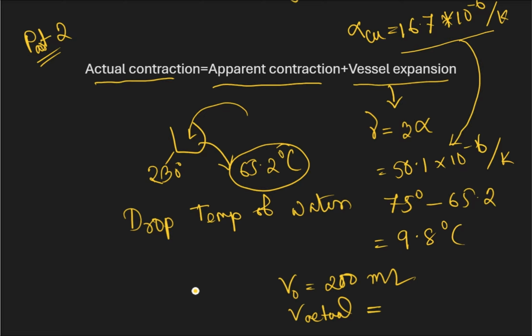And V actual is equal to gamma times V0, the initial volume of the water, times the temperature difference, right?